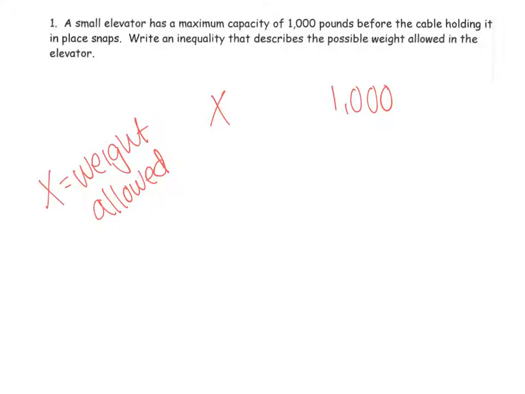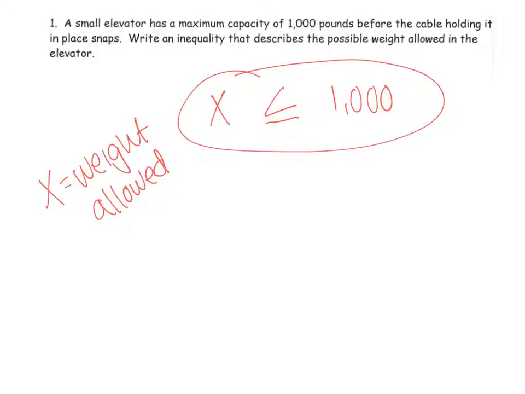X is less than 1,000. Okay, X is less than 1,000. Can X be 1,000? Okay. So now I'm going to change that to what? Less than or equal to. So that's it. X is less than or equal to 1,000 pounds.